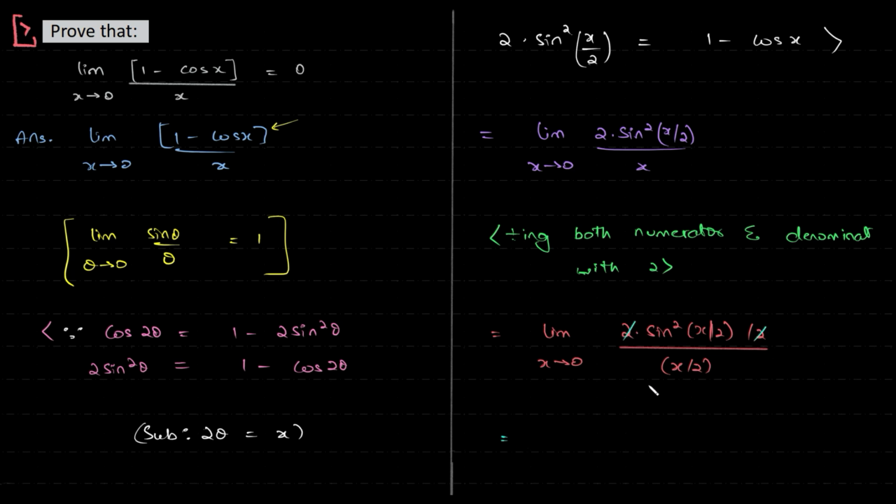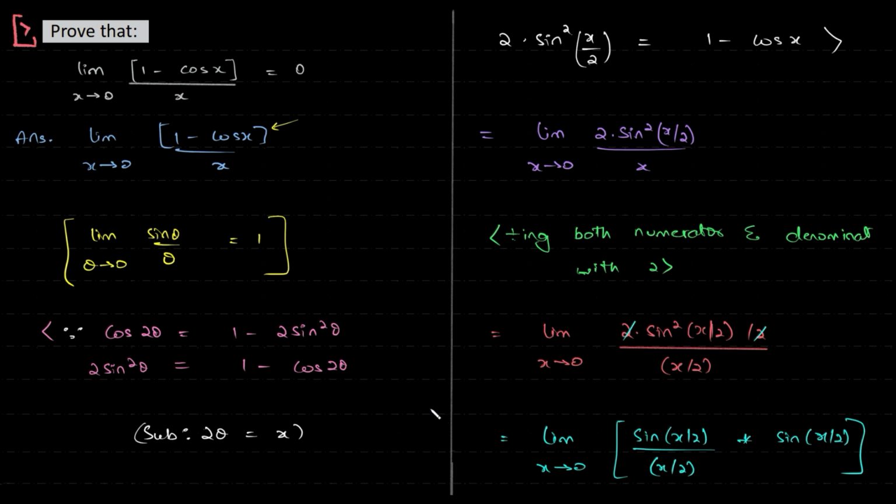But we still have the square. What to do with that? We know that a square can be expressed as a into a. So sin square of x by 2 can be expressed as sin of x by 2 into sin of x by 2. And of course, this is a single term, so I'm writing it with this. So this is your entire new expression.